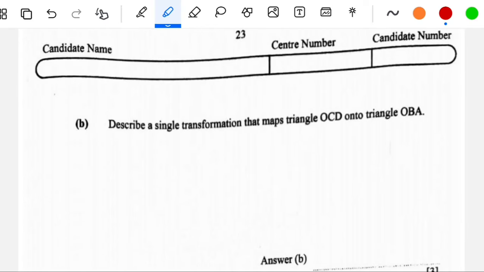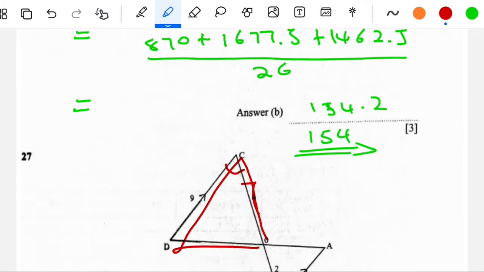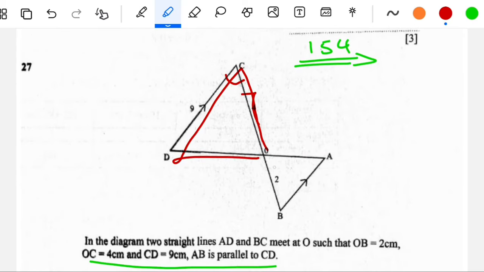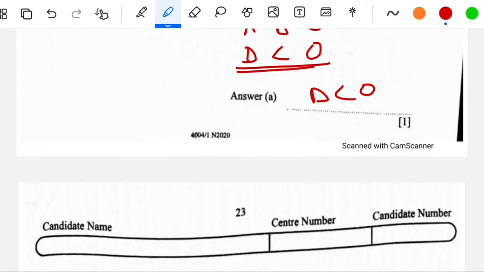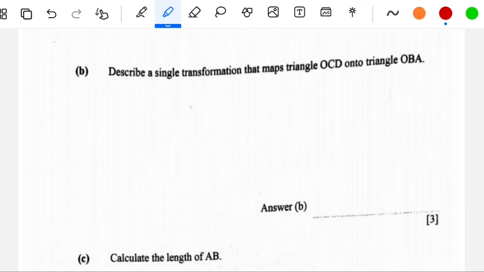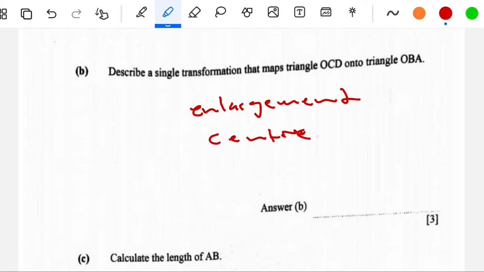It's being mapped onto OBA. Alright. So what is that single transformation? It is an enlargement. Center is origin.